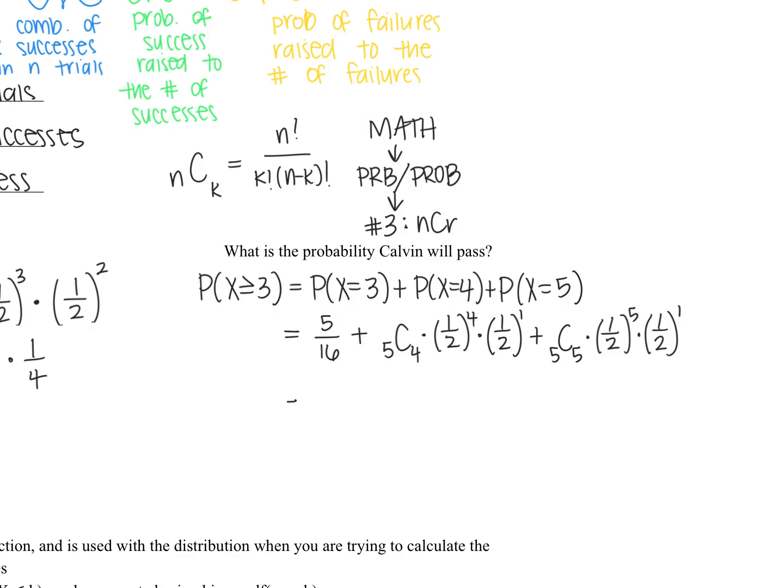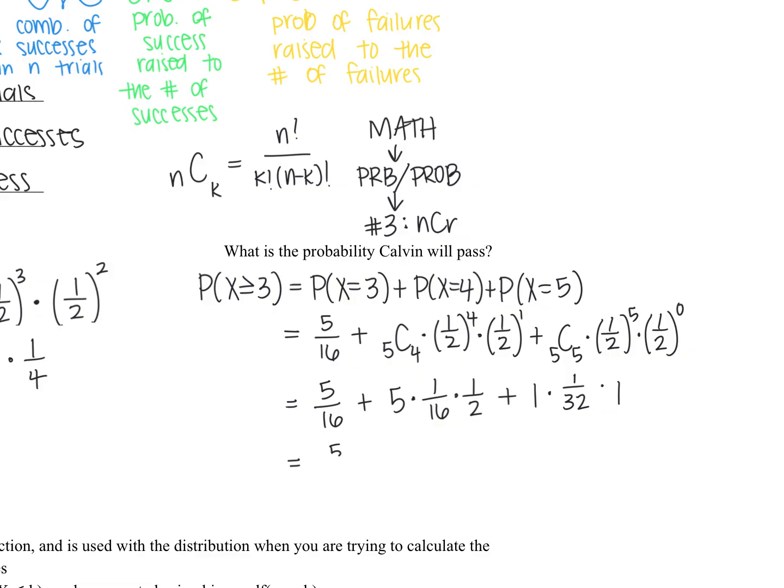So then I have 5/16, and then 5c4 is 5, and then 1/2 to the 4th is 1/16 times 1/2, plus then 5c5 is just 1, and then 1/2 to the 5th is 1/32, and then this should actually say 1/2 to the 0, which is just 1.